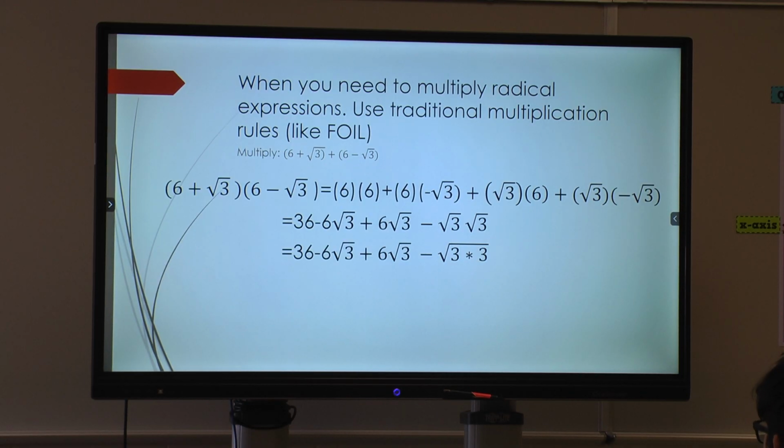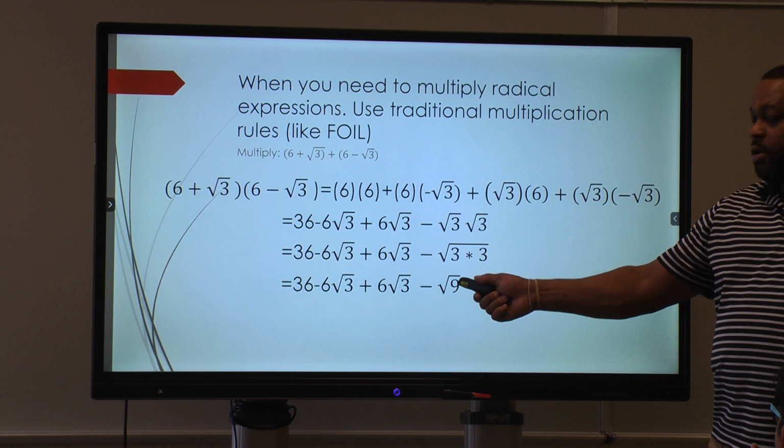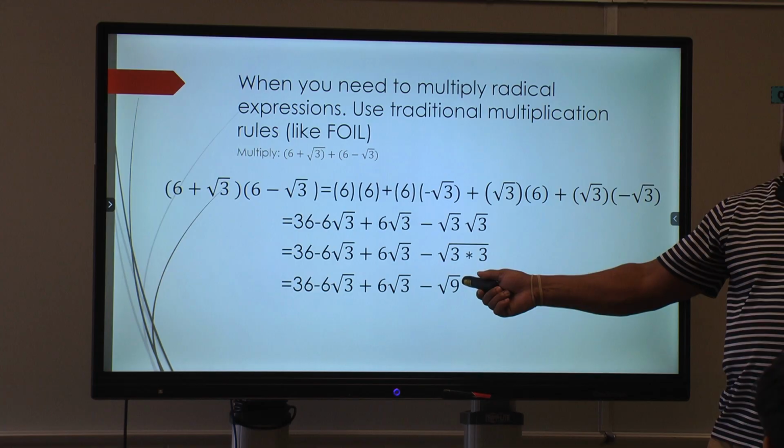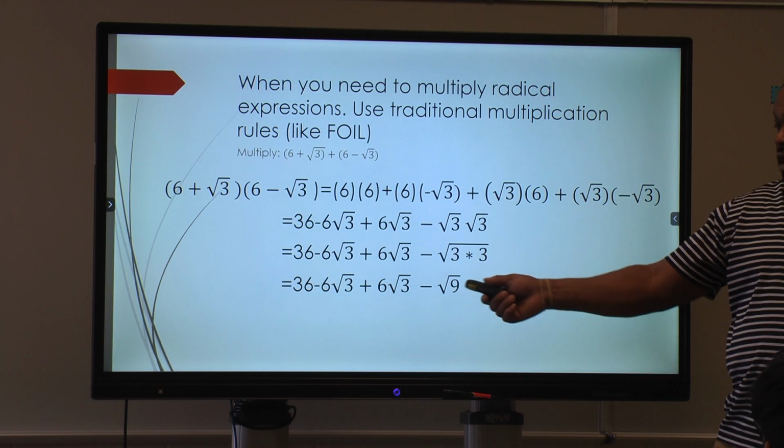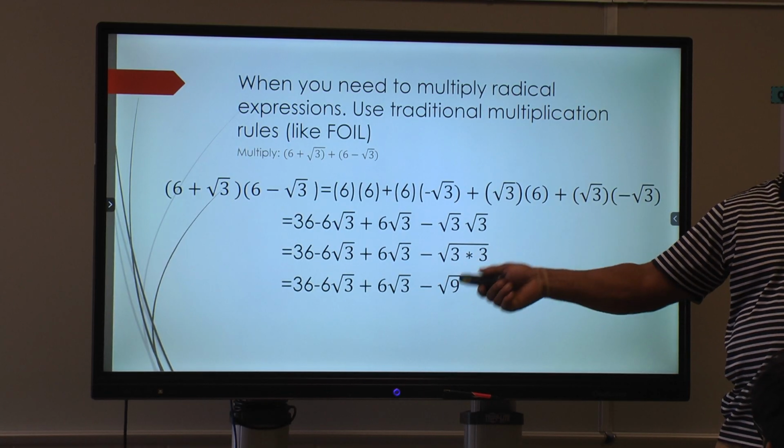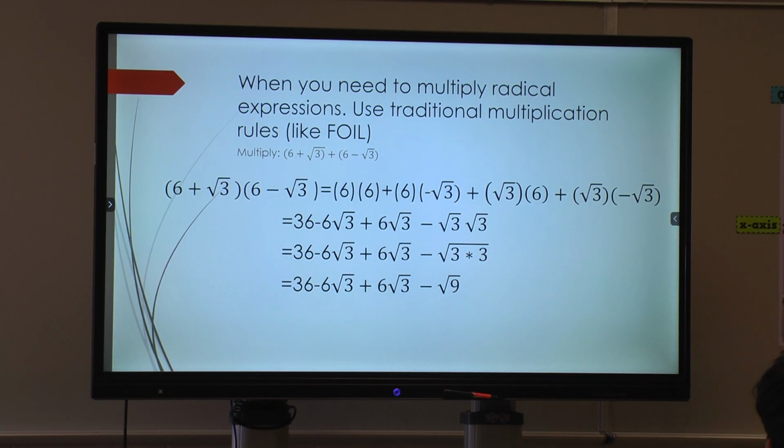So, I'm going to rewrite it to where it's now 3 times 3 under the radical. We know it's 9. Once we get 2 of them together, then 9 is a perfect what? Square. Perfect square. I can go ahead and break the 9 down, and put the 3 outside the square root, the radical, okay?